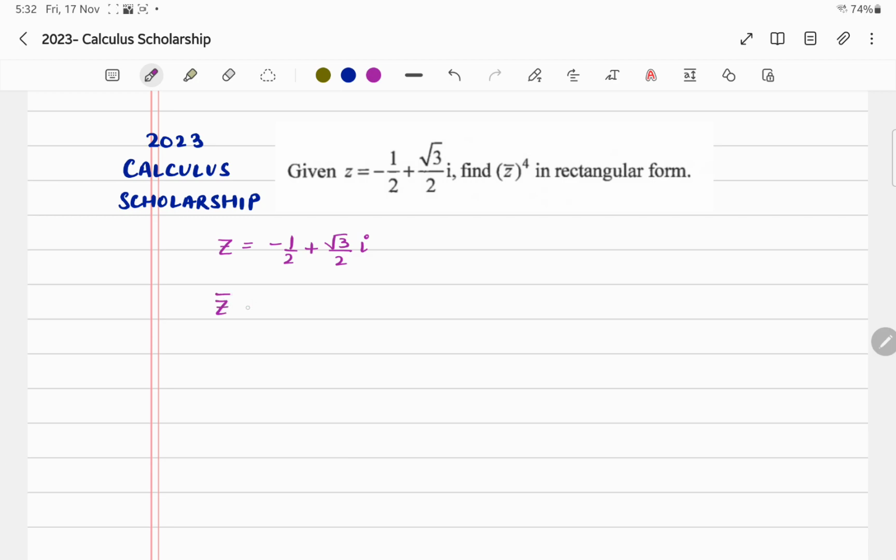So z bar, or its conjugate, is going to be minus half minus root 3 over 2 i. And we now have to find it to the power 4. So z to the power of 4 is minus half plus root 3 over 2 i to the power of 4.